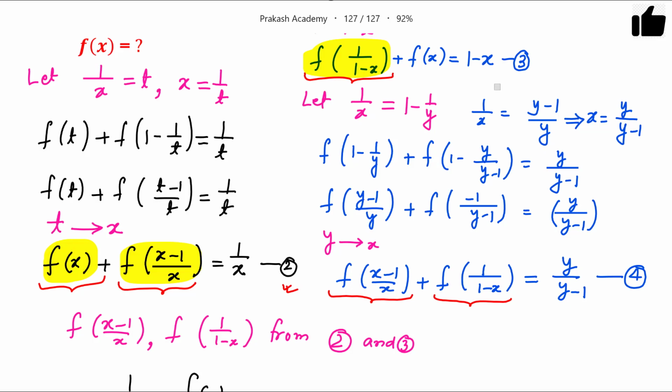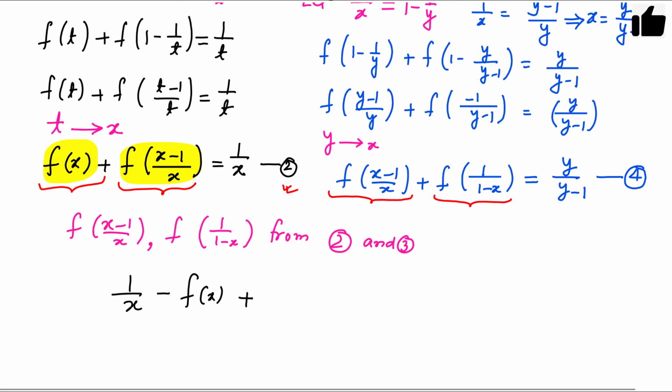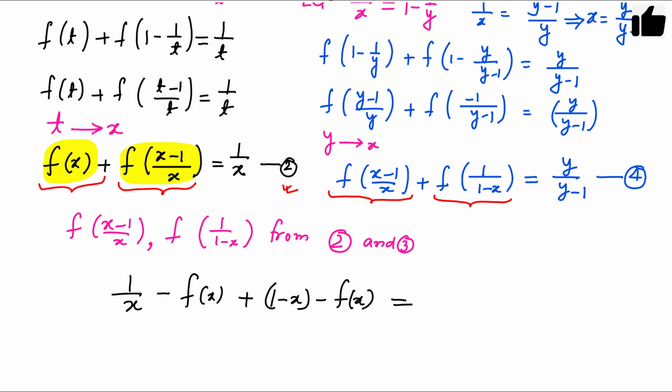So this is 1 minus x minus fx. So this is again 1 minus x minus fx. And this is equal to, basically I should have replaced this with x. So this is x by x minus 1. So let me write with black ink. So this is x by x minus 1.